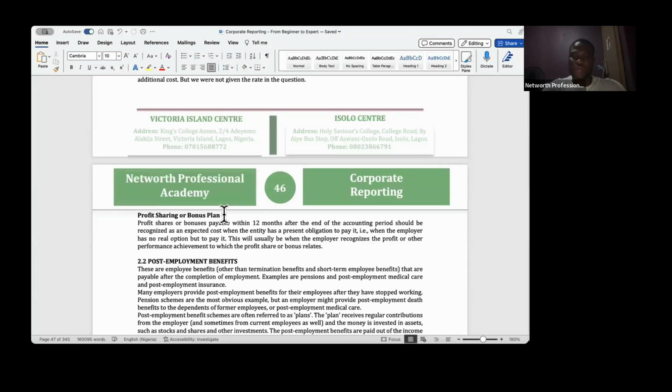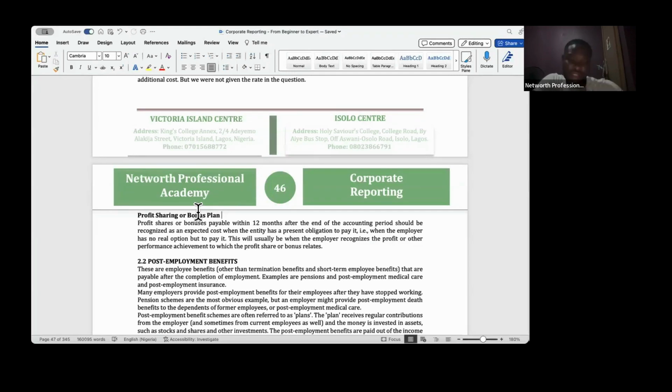But before you can recognize this in your books, the company must have met their target for declaration or sharing of profit. Every company has their own target, meaning the company already has an obligation to pay you.